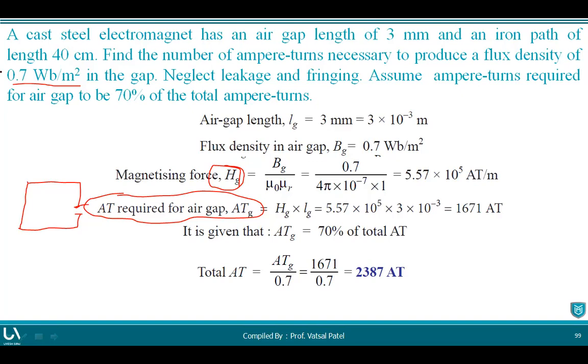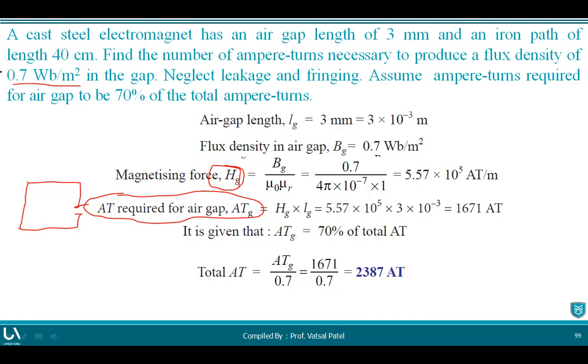Hg is the magnetizing force of 5.57 into 10 to 5 that we already calculated, multiplied by the air gap length of 3 mm, which we convert into meters, that is 3 into 10 to minus 3 meter. After calculating, the ampere turn required for the air gap is 1671 ampere turn. That is the mmf you will require for the air gap.